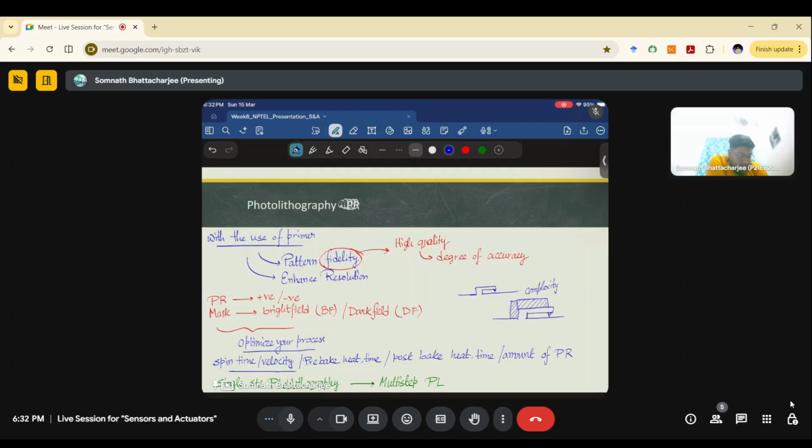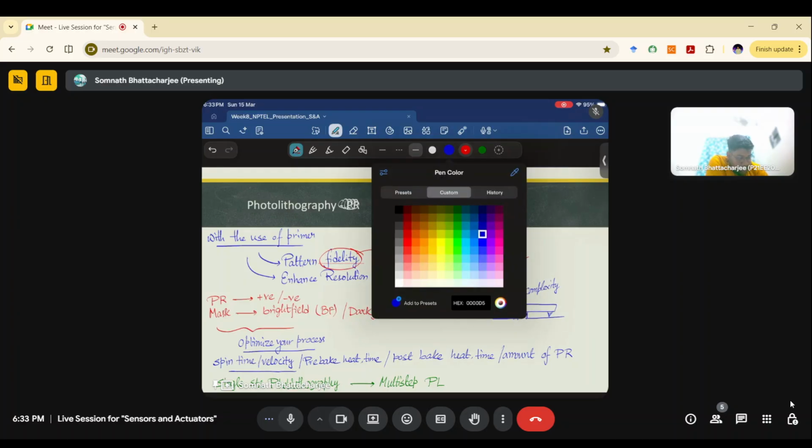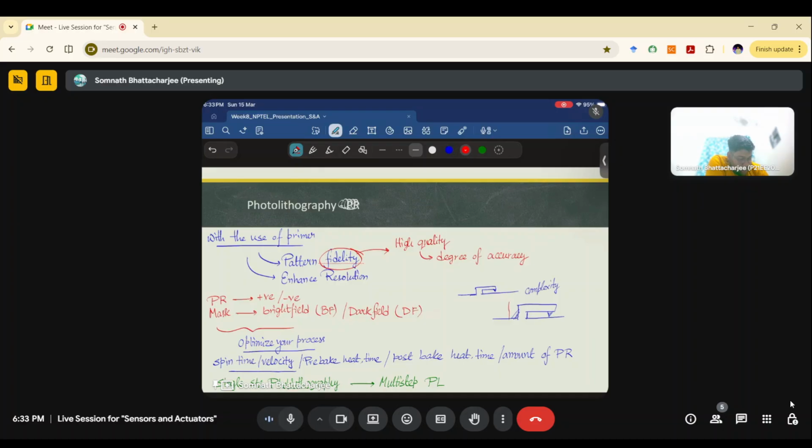Apart from that, anything? Let's say this is a complete single step. Let me remove this. So this is a single step, and on top of that, you are making another step like this.